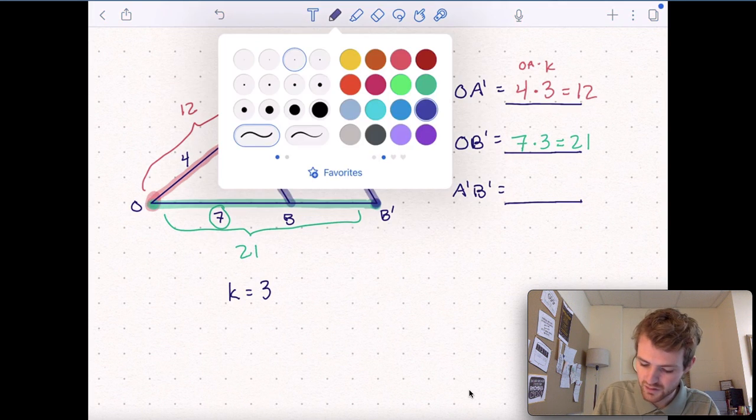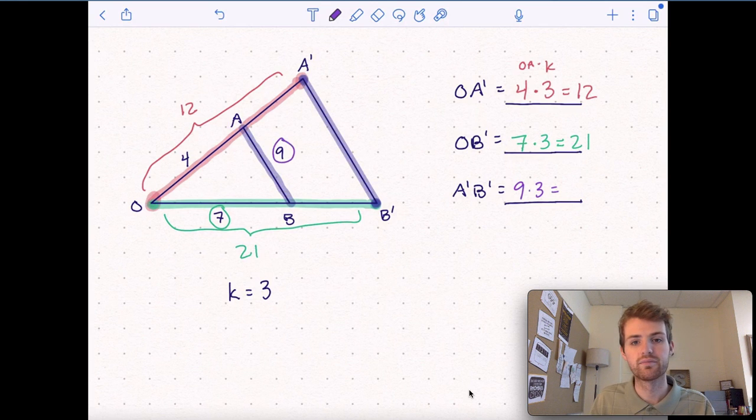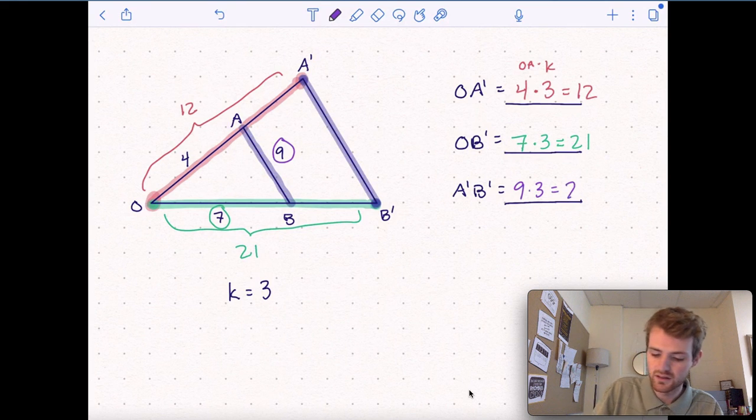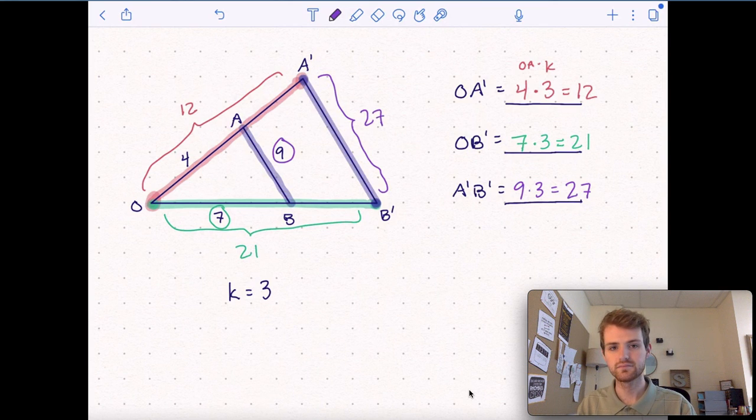We have 9 times our scale factor. 9 because we see it on our figure. Gives us 27. So this length is 27. There you go. That's how, if you know the scale factor, you can figure out the other lengths of a dilation.